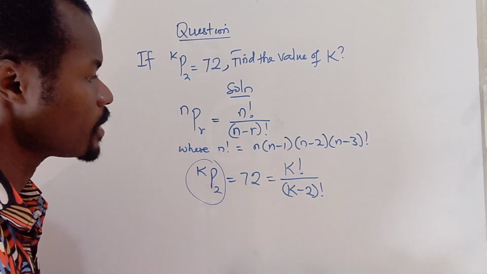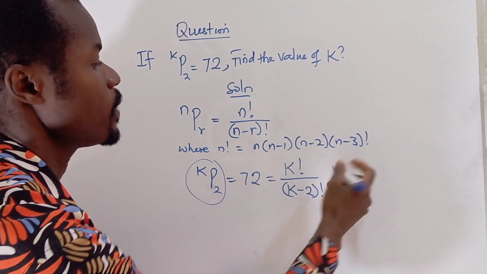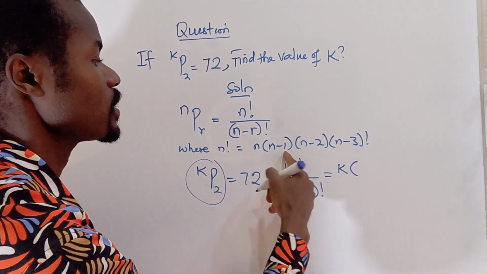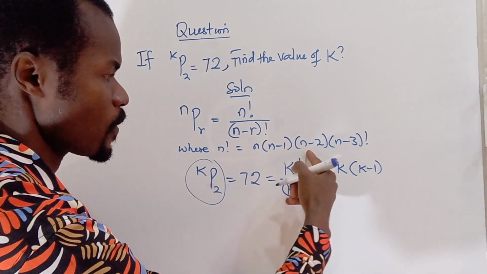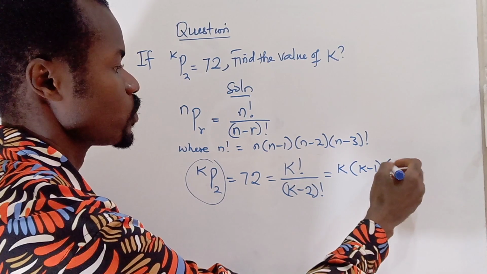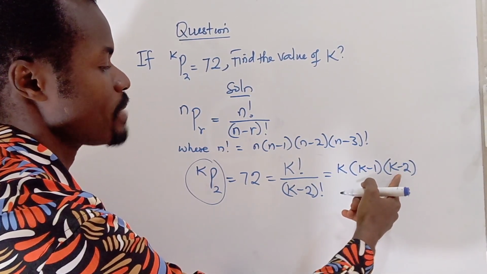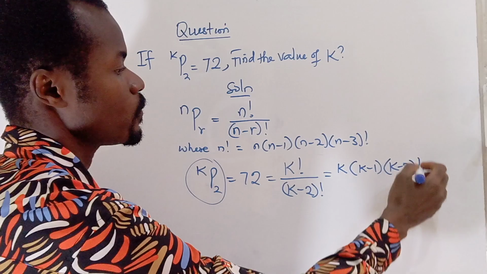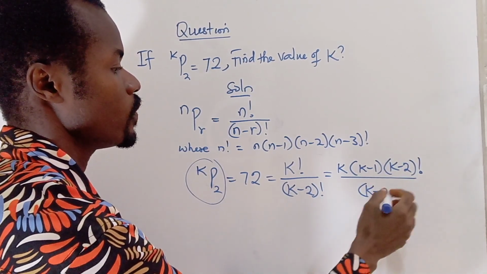Now in this case, we are going to express k factorial in this form. So I'm going to use k multiplied by k minus 1, and the next will be k minus 2. But I'm going to stop at k minus 2 factorial since we have k minus 2 factorial at the denominator. So we have k minus 2 factorial divided by k minus 2 factorial.